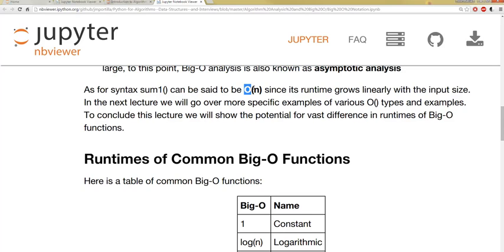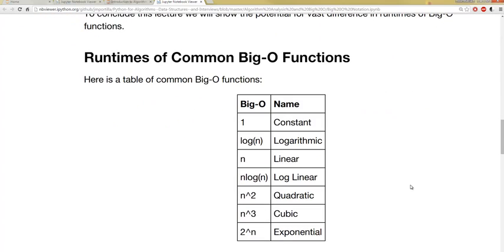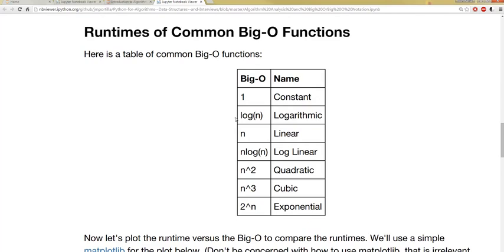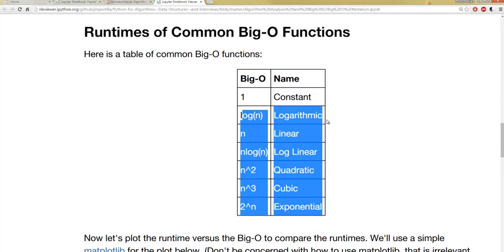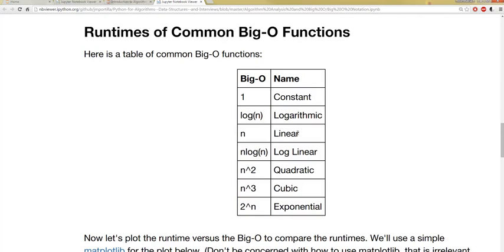It's going to have a big O and then the big O notation or performance inside the parentheses. So here are some common runtimes of big O functions. The common ones are constant, logarithmic, linear, log linear, quadratic, cubic, and exponential.